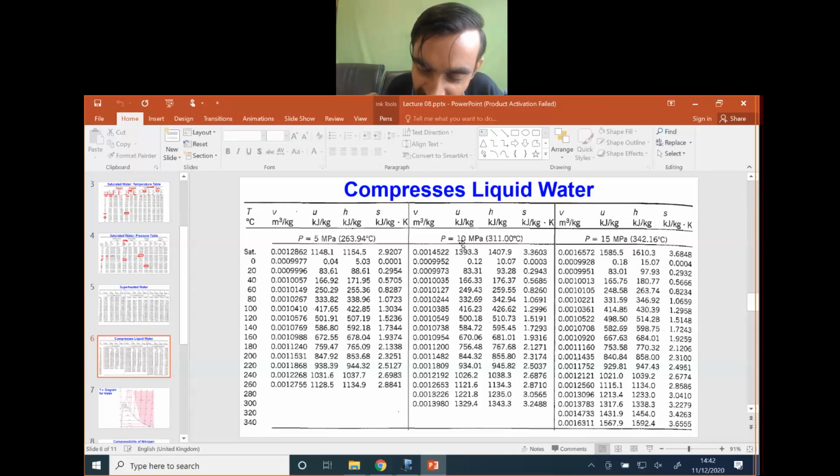I have also shown here a table for 10 megapascals and a table for 15 megapascals. Now I think we need not do much practice with compressed tables, because the way you have used the superheated state tables, in a similar way we use the compressed state tables.